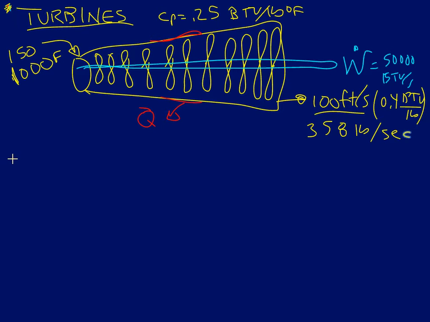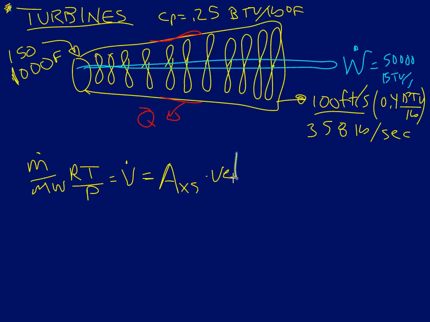Again, cleaning up a little bit, give ourselves some room to work. We have the continuity equation, which says that the mass flow over the molecular weight, RT over P, is equal to the volume flow. And we know that the volume flow has to be equal to the cross-sectional area at the exhaust times the velocity at the exhaust.